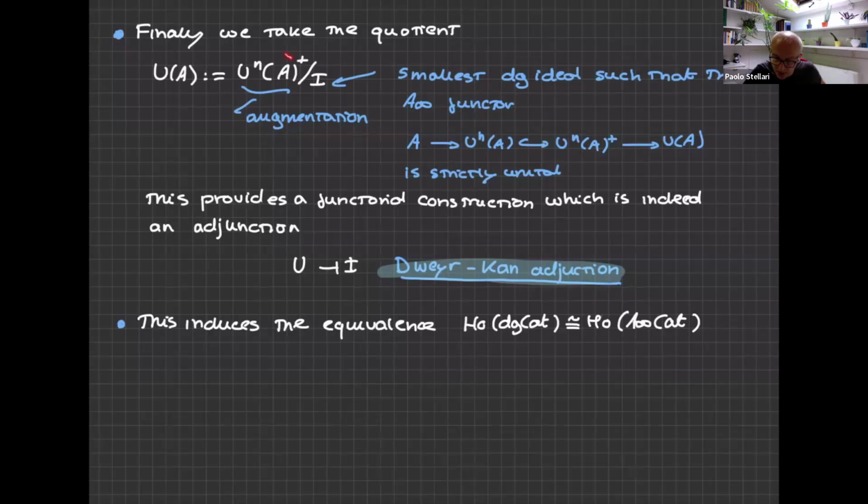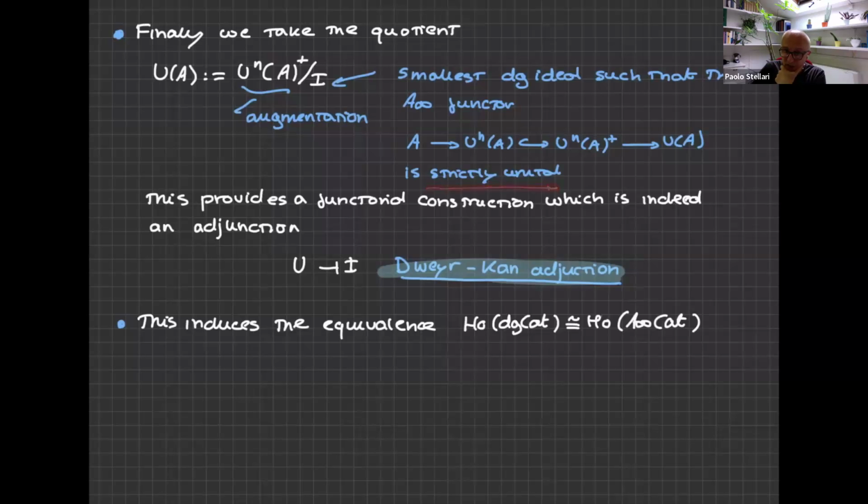Essentially, we take the construction given by the bar and co-bar construction. We take the augmentation, so we add an identity for any object, and then we quotient by some DG ideal. The DG ideal is very shortly described in these terms: it is the smallest one such that the infinity functor which we obtain as a composition gains the property of being strictly unital.